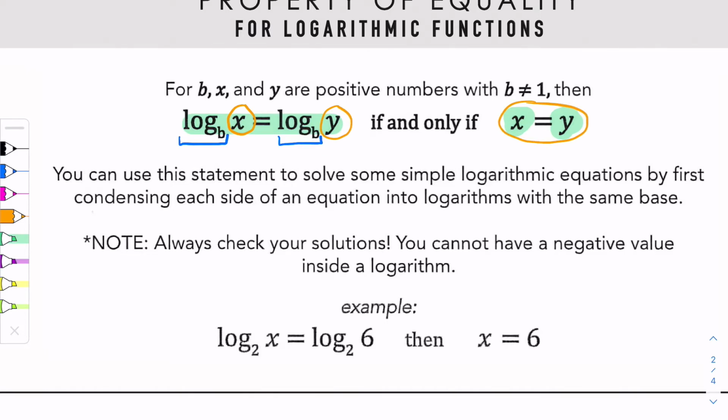You need to always check your solutions. This is important. You cannot have a negative value inside of the logarithm. Your solution could be negative, but when you substitute it back into the problem, it needs to simplify to a positive value. Meaning maybe your argument is x squared, and then the value of x is negative 4, but when you substitute that back in, x squared ends up being positive 16.